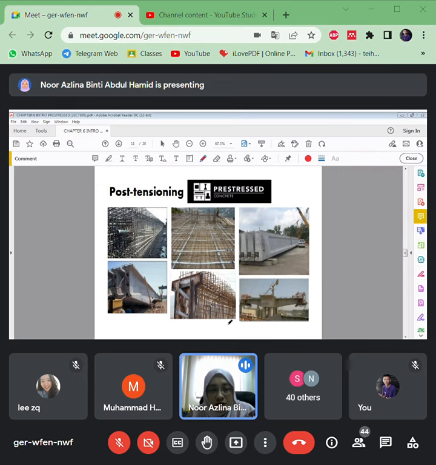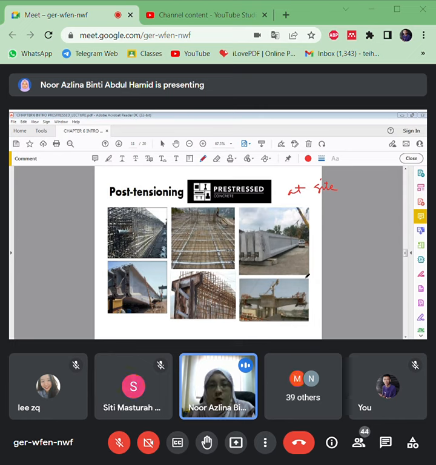So this is all the work conducted for post-tension, which is more suitable to be applied at site. That means there will be unlimited sizes, unlimited shapes and dimensions for the structure that can be prepared at site, because we don't have to consider transportation and so on.